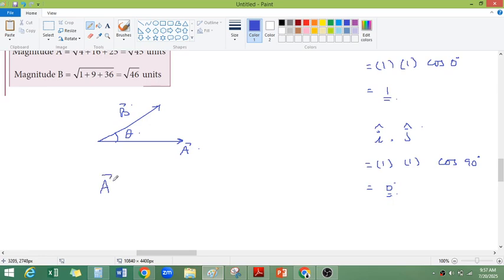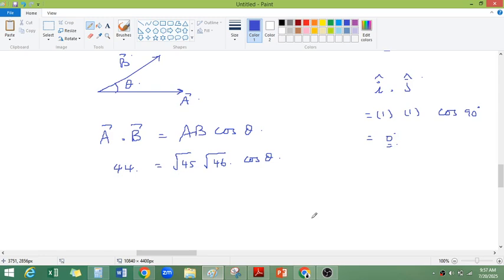We know the formula: A dot B is equal to AB cos theta. A dot B we have just found to be 44. The magnitudes found here are root of 45 and root of 46, times cos theta. Now I want theta. That means I can bring these numbers to this side.